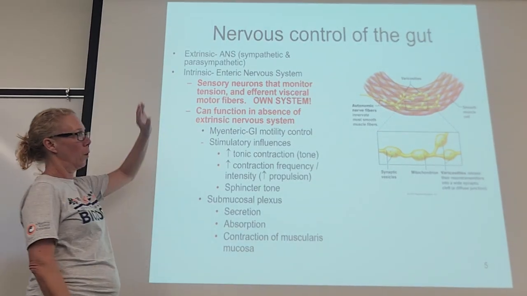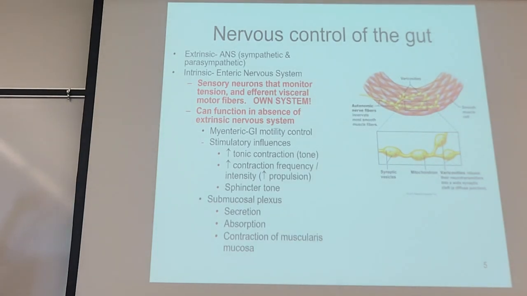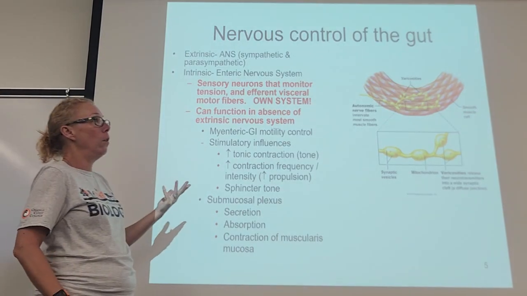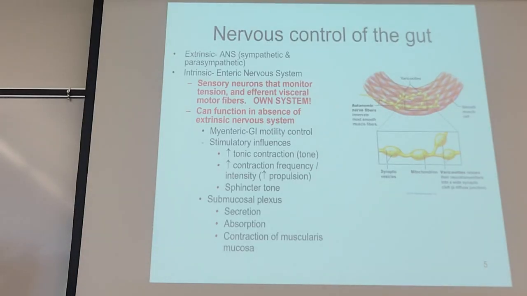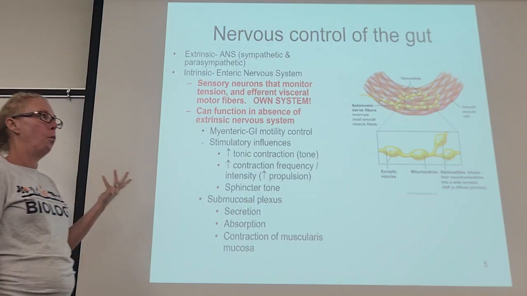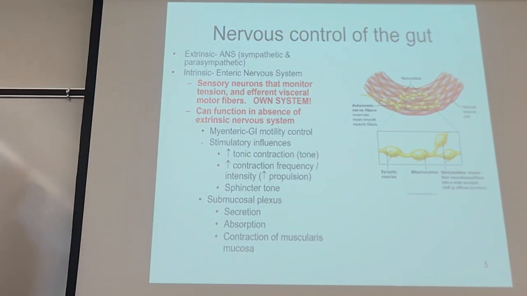Regardless of the nervous system, this enteric nervous system can function on its own. Can it be influenced by the nervous system as a whole? Yes. And if we're talking about digestion and smooth muscle contractions, what division of the autonomic nervous system do you think we're talking about?